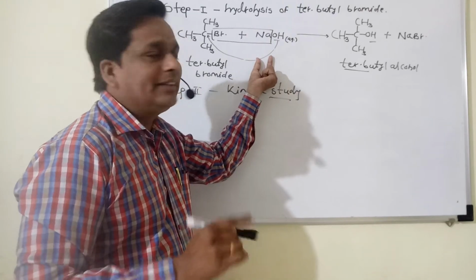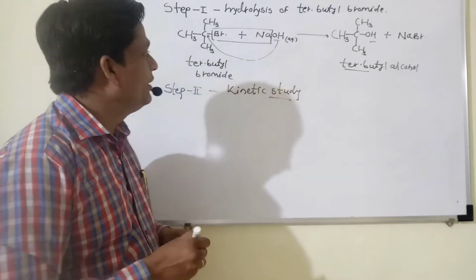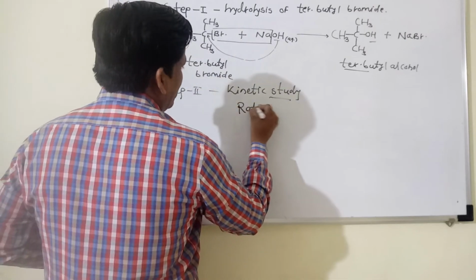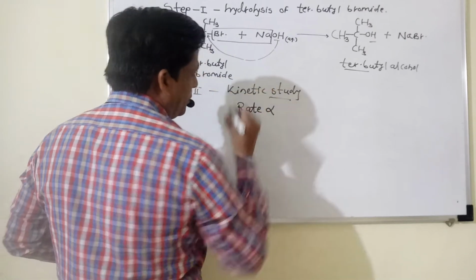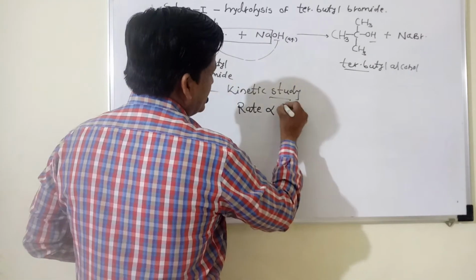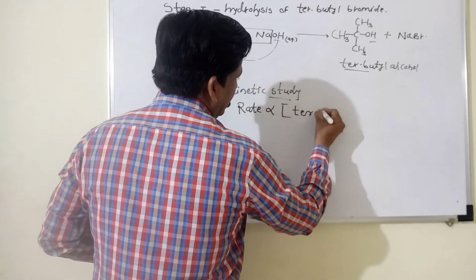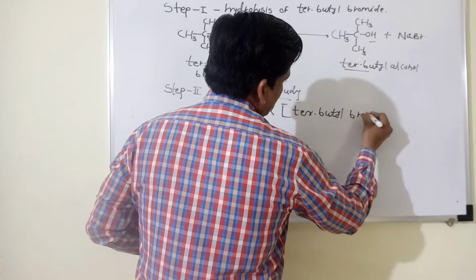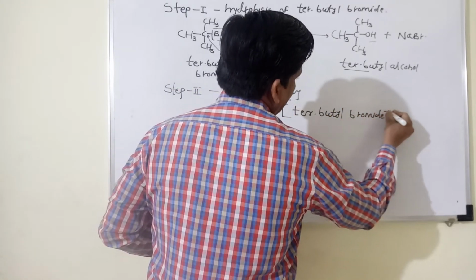So that's why this is a first order reaction. Here we can write that rate is directly proportional to the concentration of tertiary butyl bromide.